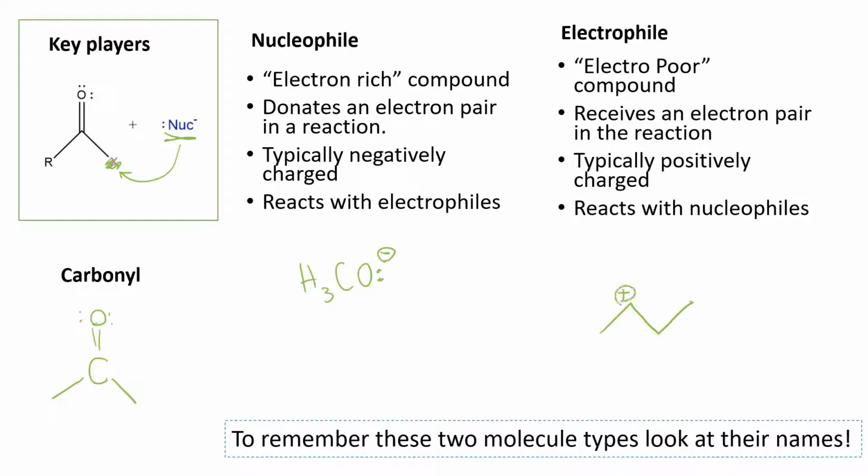Say this carbon atom here in this chain only has one hydrogen bonded to it, making it electron deficient, so it primes it for attack from this nucleophile. To remember these two molecule types, we can just look at their names. Phile means lover of. The nucleophile loves positive. Nucleus has the positive part of an atom, whereas the electrophile loves those electrons. It's ready to gain that electron pair.